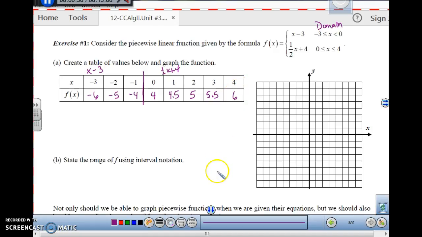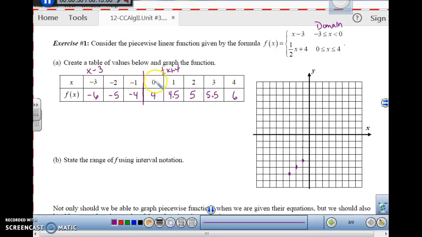So if I want to look at what this function looks like, -3, -6 would be here, -2, -5, -1, -4. Now, when I get to 0, it switches to the other function, but what if I'm at 0.5? Well, this would actually go up until I get to 0.